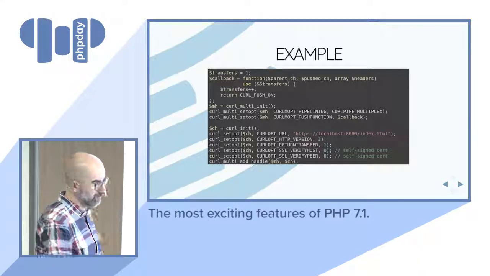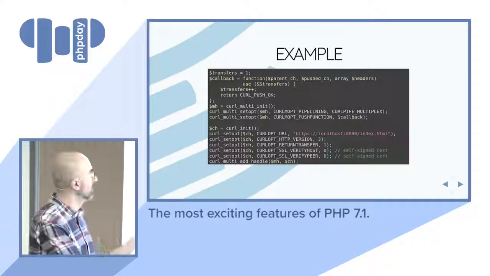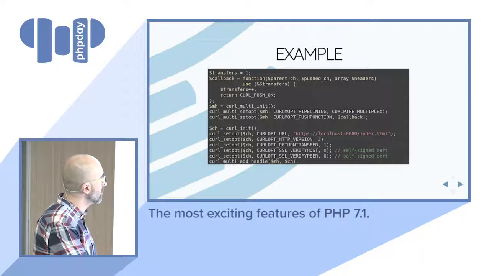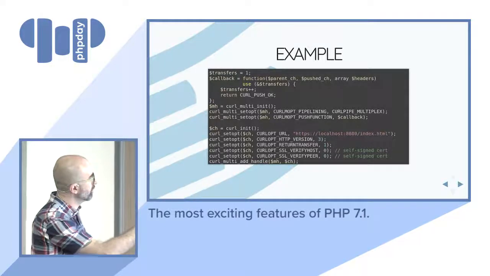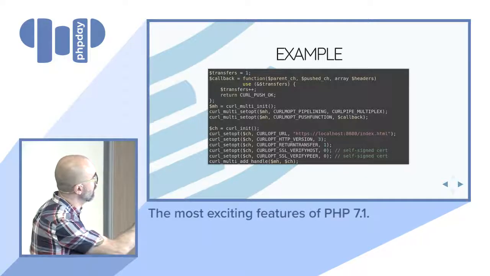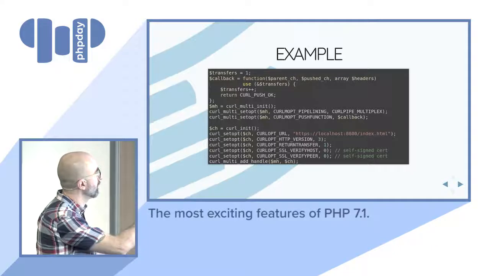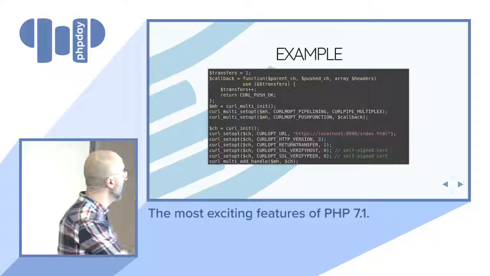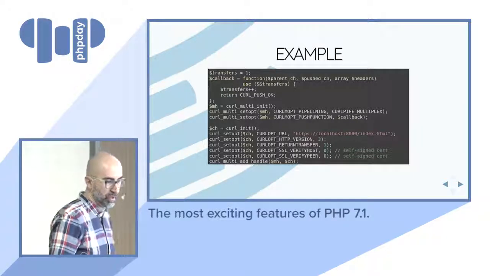We have a new pushed curl, which is a new handle for the pushed request. And we have the array of the headers of the request, so you can have this information here. We also have a counter to count the number of transfers. And in the callback you can return push OK or push deny.